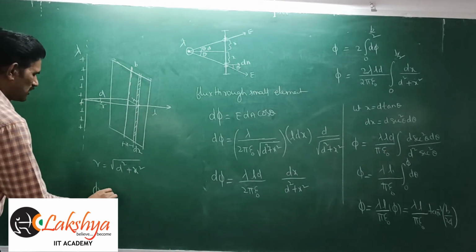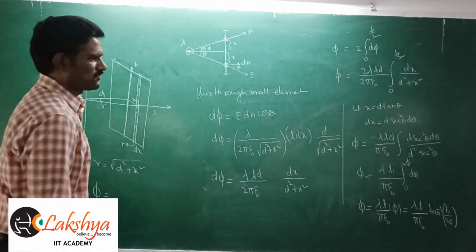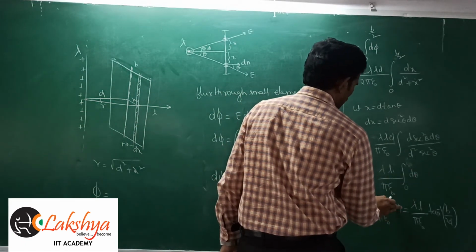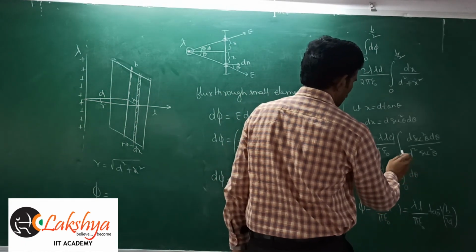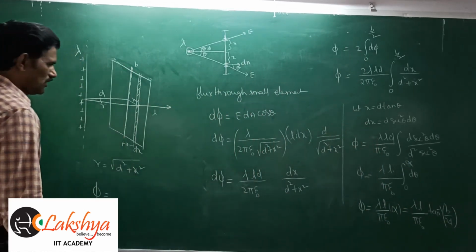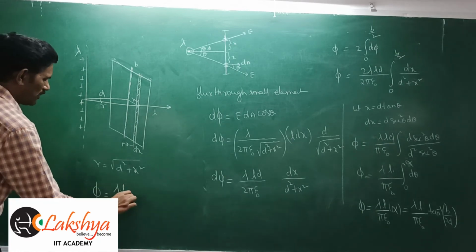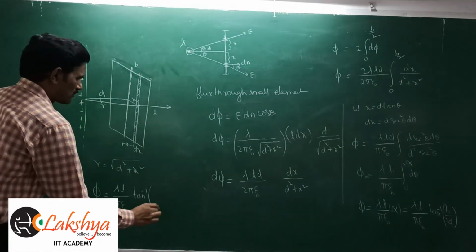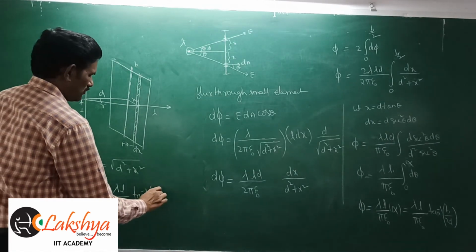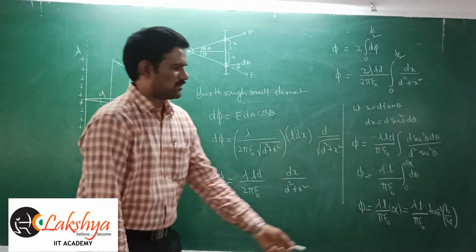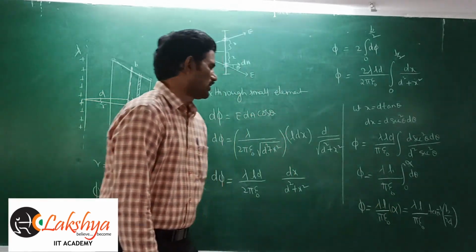That flux phi is equal to, because phi we are using for the flux, let us take that angle as some alpha. So lambda L by pi epsilon naught into tan inverse of b by 2d. I think all of you got how we are replacing this alpha.